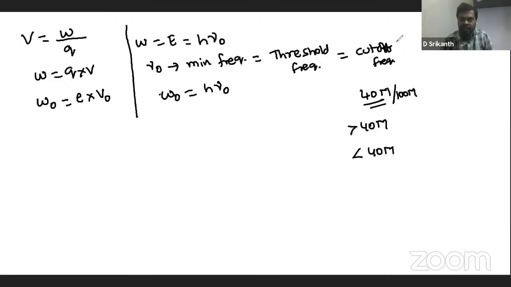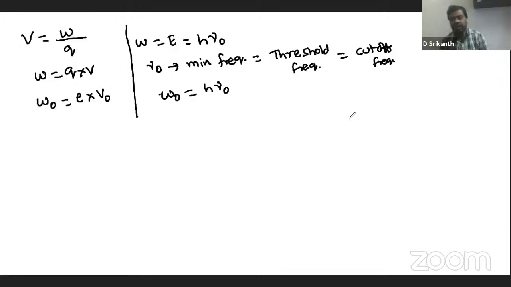Now, this cutoff plays an important role in your competitive entrance exams. Anytime they will give the cutoff mark. Suppose we consider JEE Mains, out of 300, every year they will announce the cutoff mark.